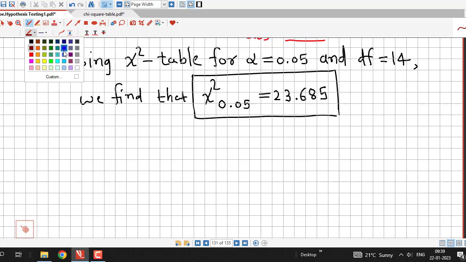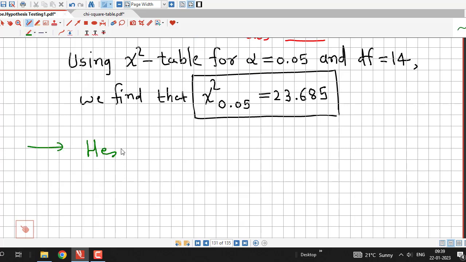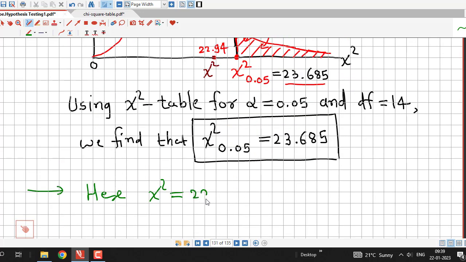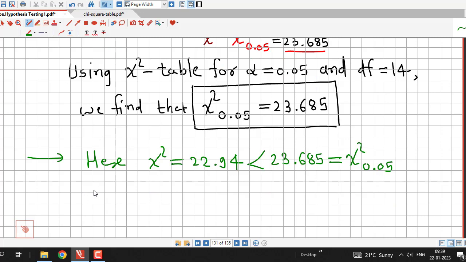So here we can mention that calculated value of test statistic 22.94 is less than 23.685, which is critical value at alpha equal to 0.05.